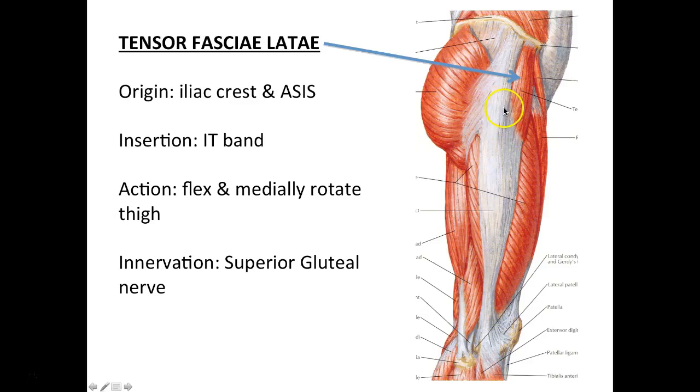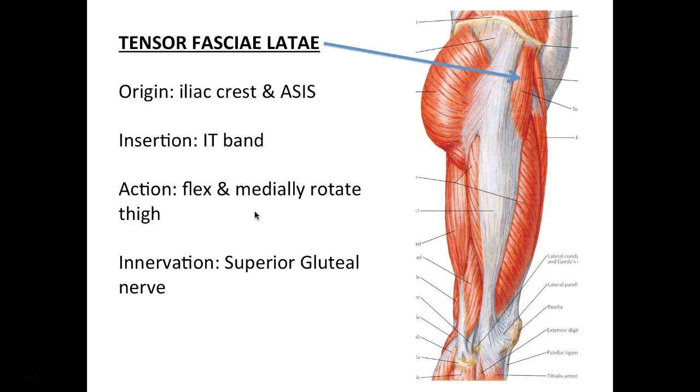And what IT stands for is the iliotibial band or tract. So it describes the attachments. So you might also see that when you contract this muscle, and do the actions of flexion and medial rotation of the thigh, it's that movement of crossing your legs.